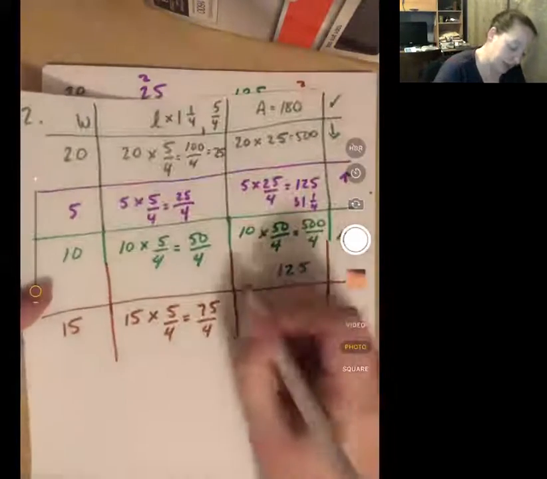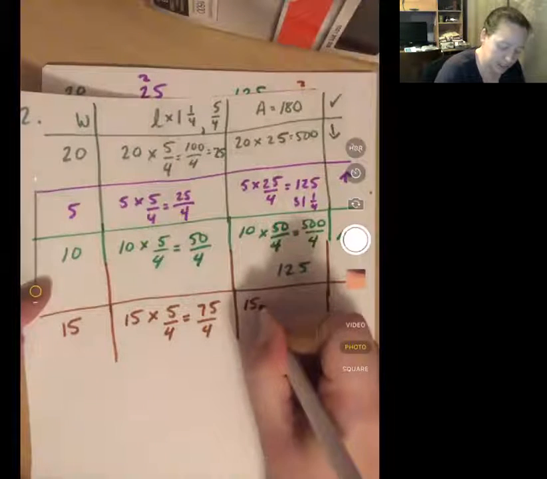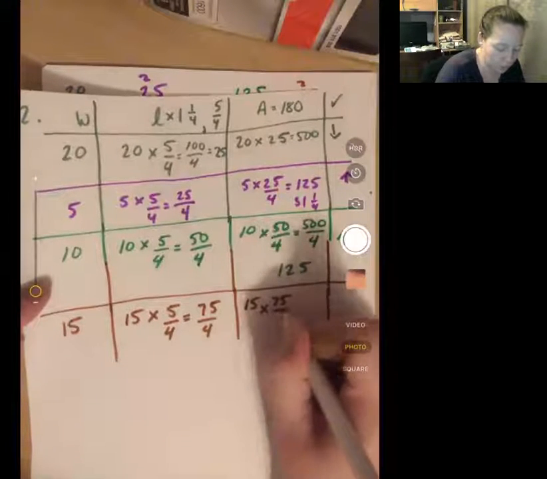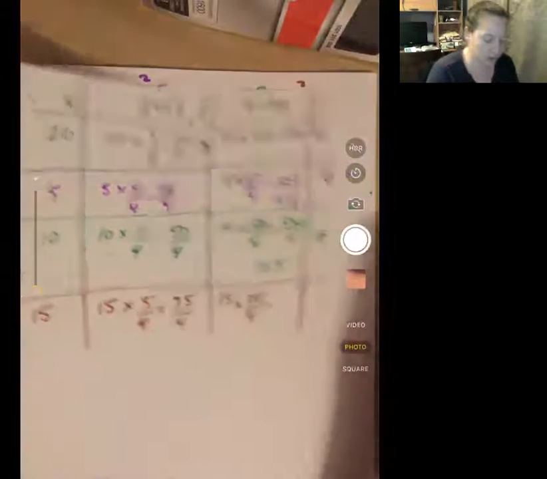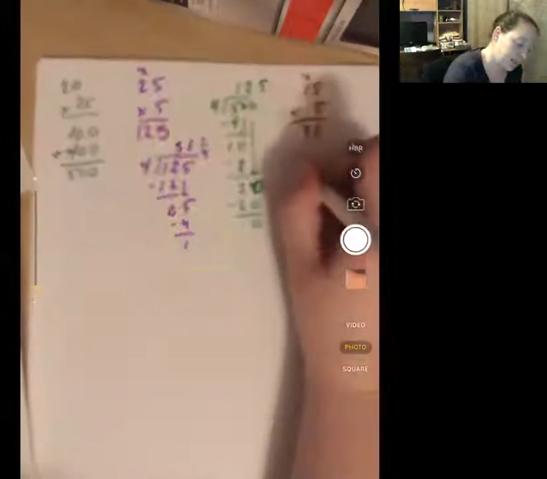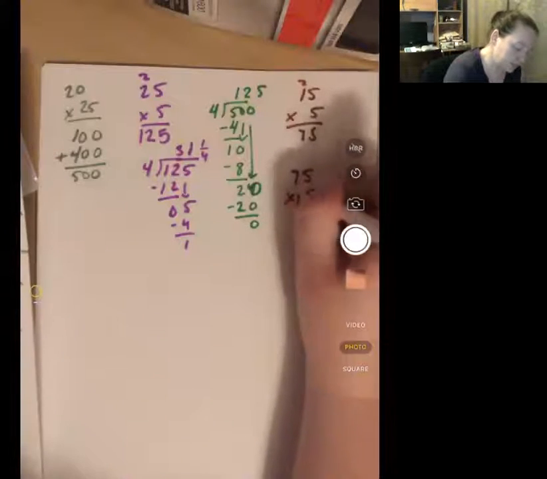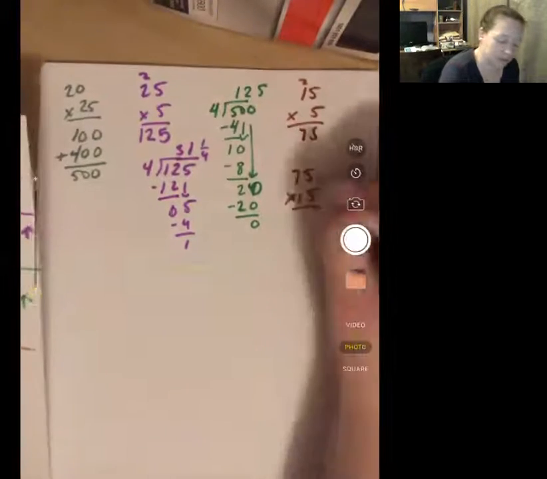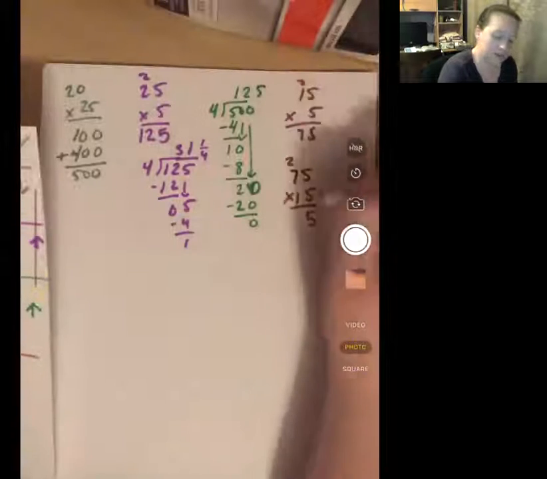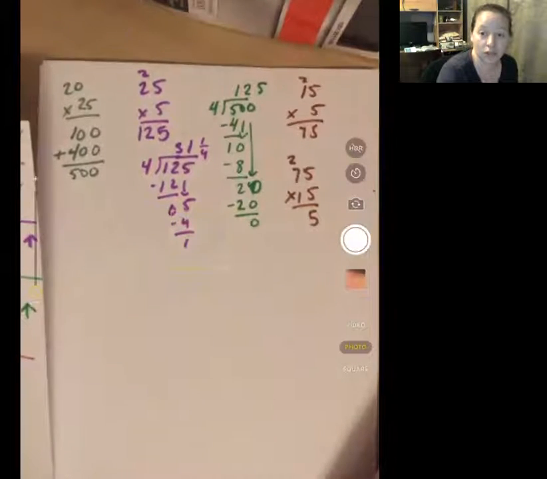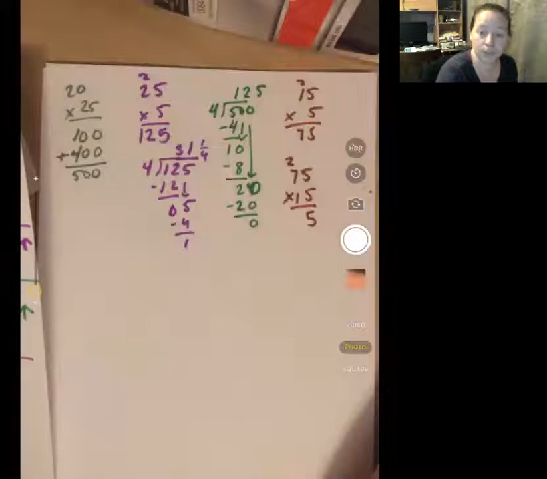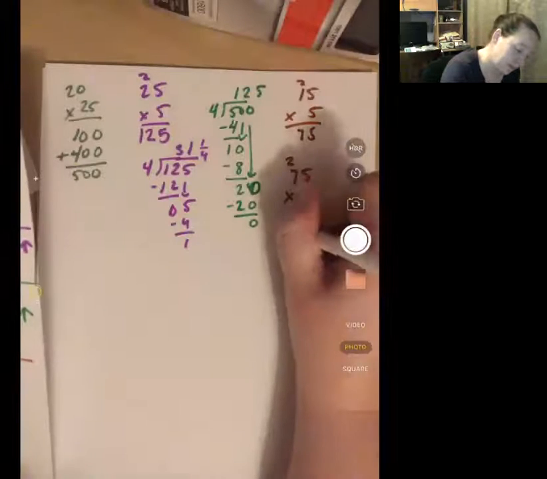Then I have 15 times 75 over 4, which is equal to 75 times 15. 5 times 5 is 25. 5 times 7 is 35, plus the 2, 37.